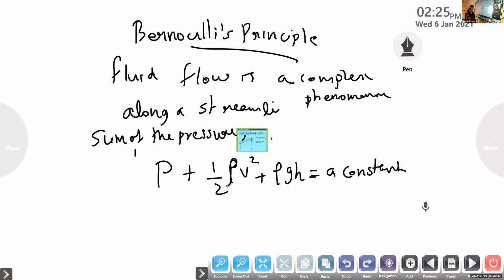P plus half rho V square plus rho g h is equal to a constant. So this is Bernoulli's principle, and this equation is known as Bernoulli's equation.